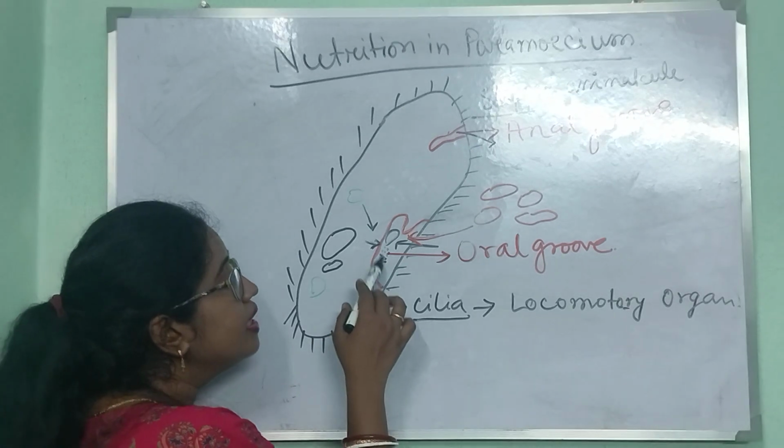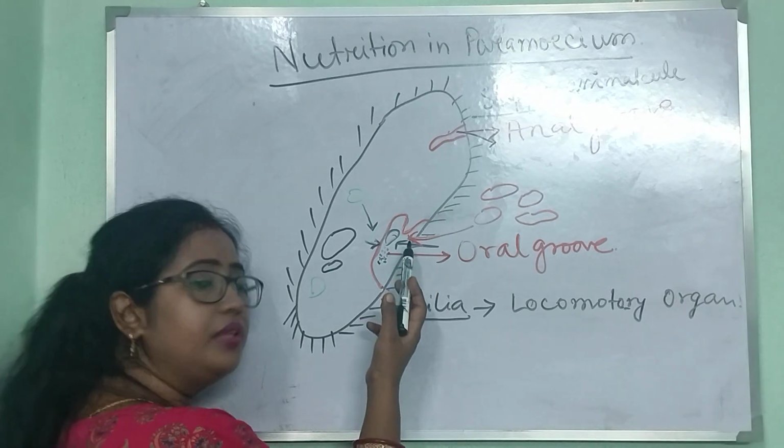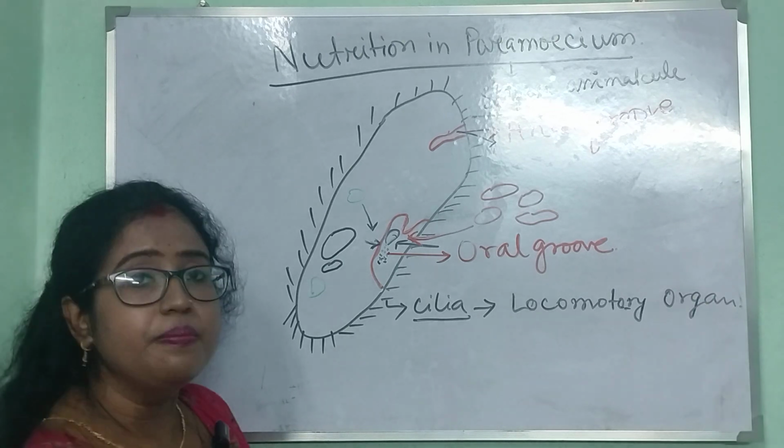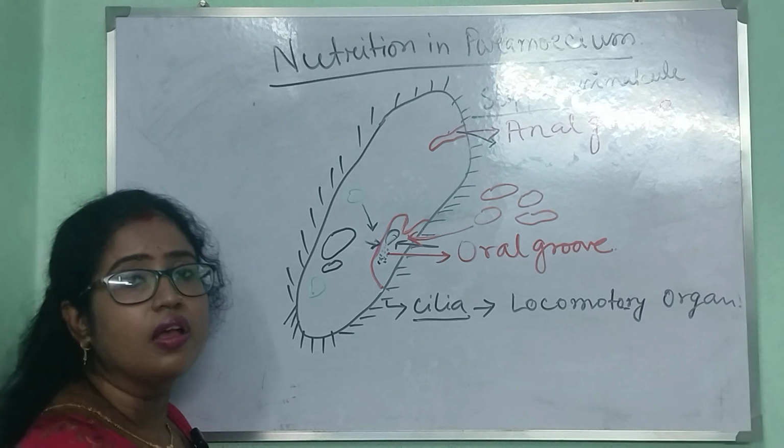When the enzymes are released, this complex material is turned into the simpler ones. Then the simpler food material is absorbed in the Paramecium's body.